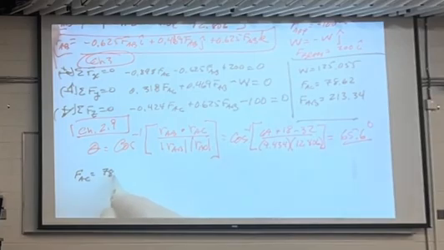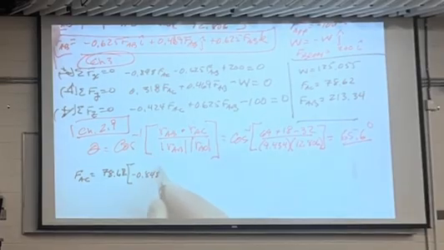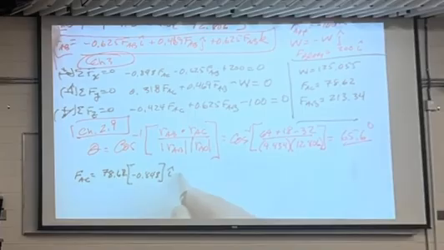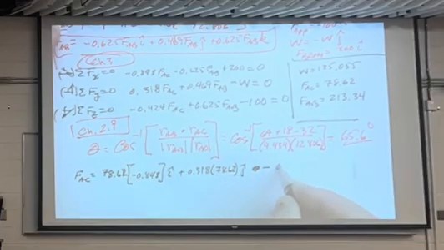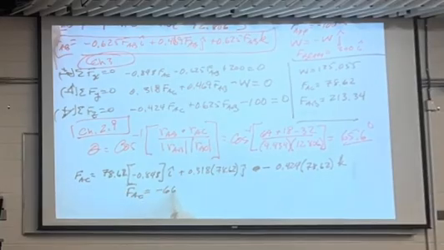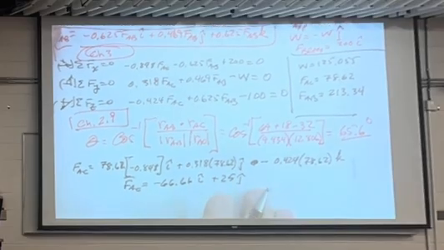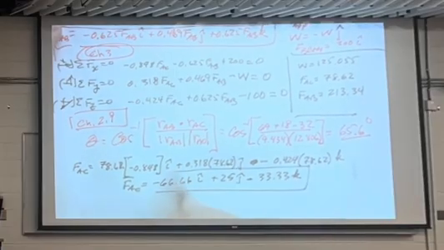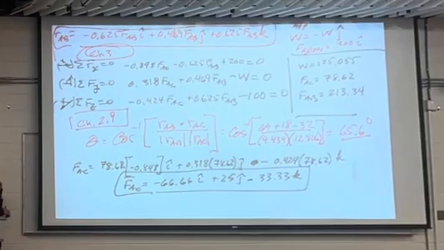Well, that's going to be 78.62 times minus 0.848 I plus 0.318 times 78.62 J plus, or actually minus 0.424 times 78.62 K. I rounded, FAC is equal to minus 66.66 I plus 25 J, it's like 24.99, minus 33.33 K. There's my force, FAC, that I'm trying to project onto line DE.